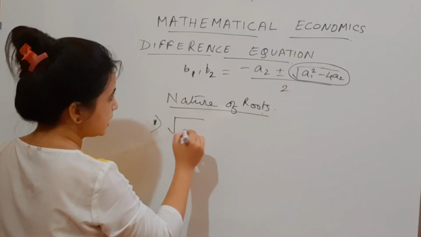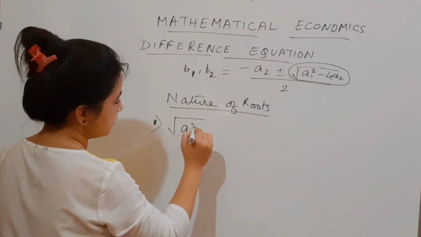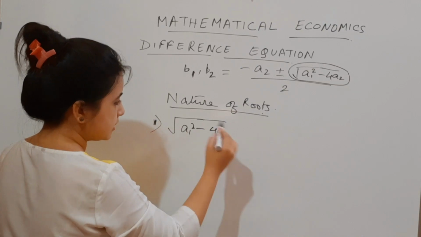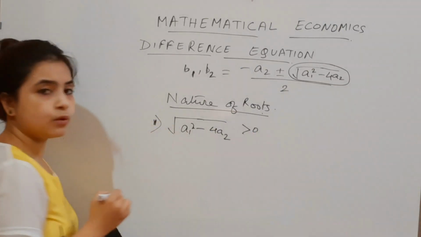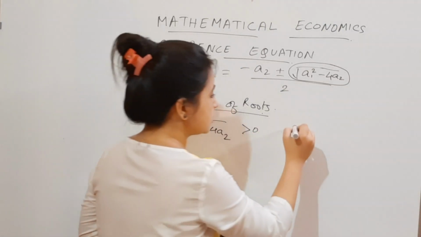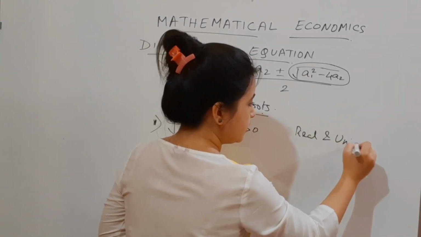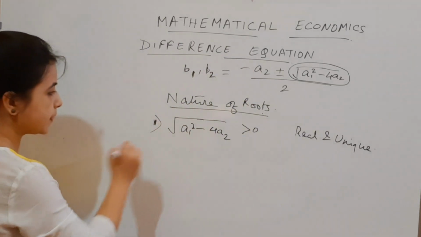The first case: if my determinant a1² - 4a2 is positive, then the roots will be real and distinct.